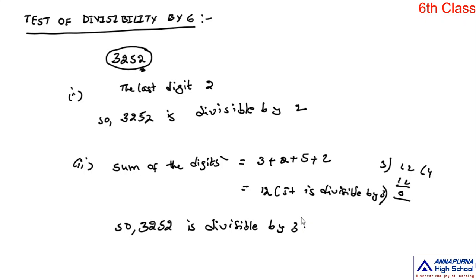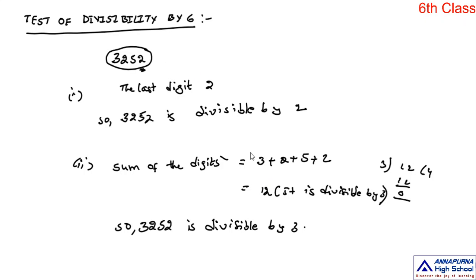Here, 3252 is divisible by 2 and 3 also. The given number is also divisible by 6. Hence 3252 is divisible by 6 also. Why?